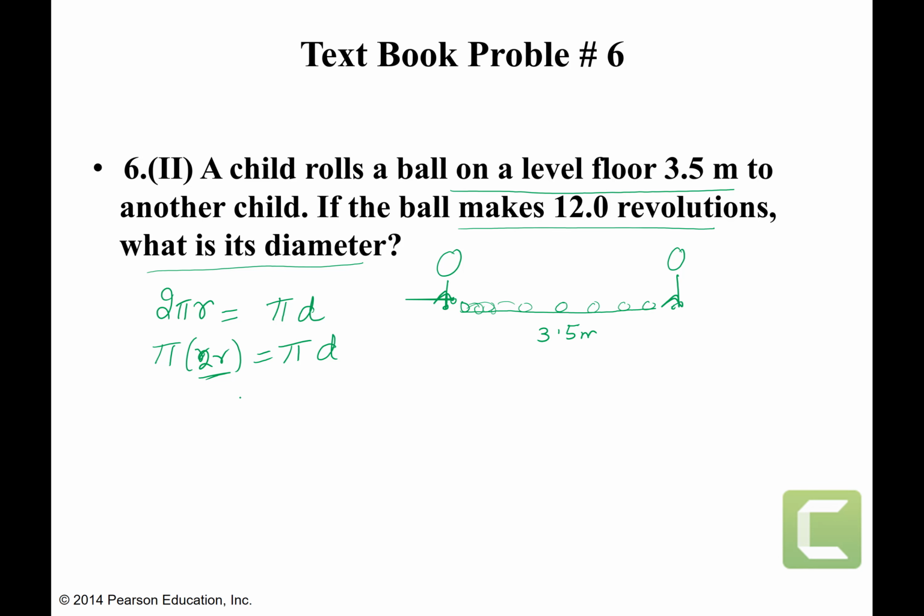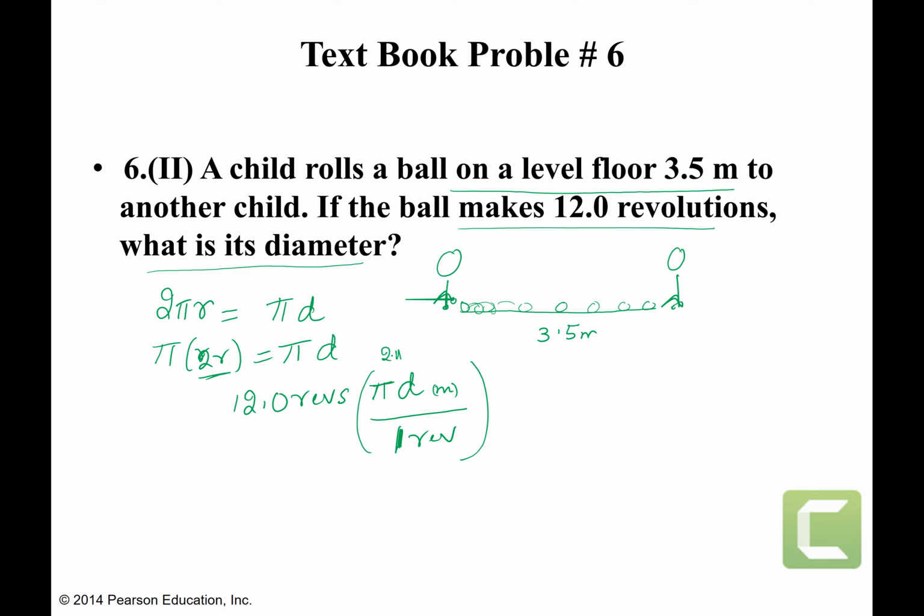So 12 times it's going, that is 12.0 revs, and this ball rolls pi d in meters divided by 1 rev. Okay, so 2 pi r is equivalent to 1 rev. That's what it means.